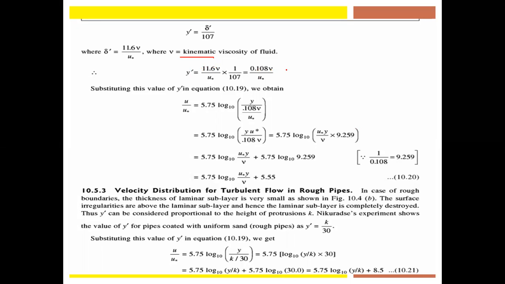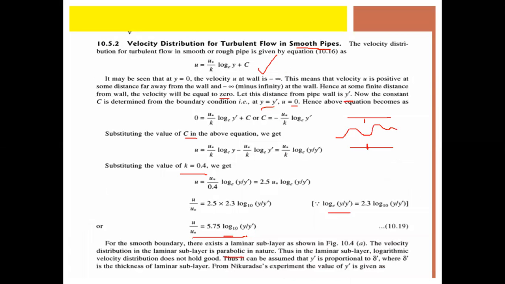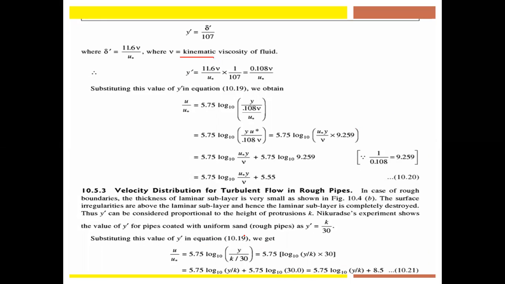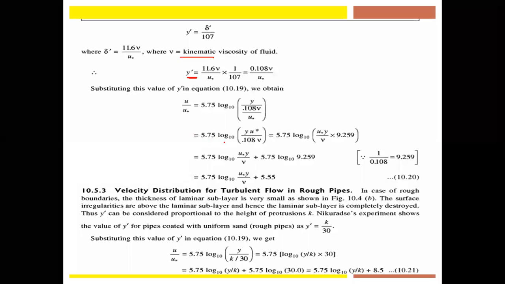So substituting the value of y dash in equation 10.19, what will we get here? u by u star is equal to 5.75 into log 10 of y divided by this value of y dash. Therefore u by u star is equal to 5.75 into log 10 of y into u star divided by 0.108 v.